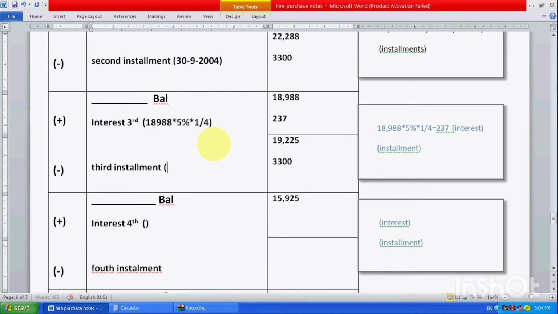Write the date for the third installment. That is September, after 3 months it will be December, 31st December 2004. So this is for the third quarter.